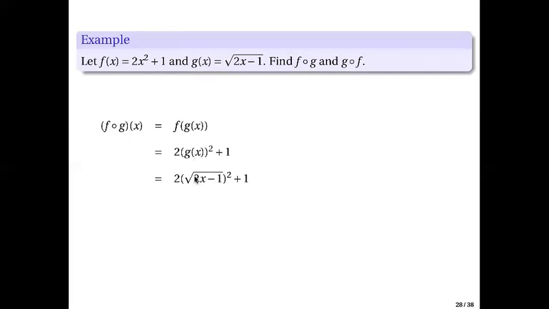So we replace g of x with square root of 2x minus 1. Then you square it. You will get 2 times 2x minus 1 plus 1. To simplify it, you just get 4x minus 1. Okay?